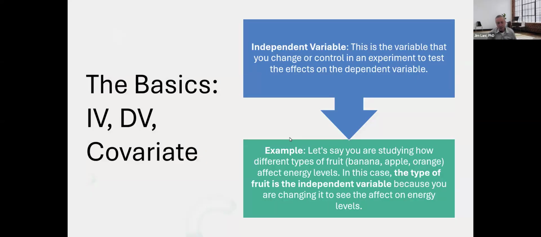The other quick thing that you need to know is really what an independent and dependent variable is. Covariate would be helpful, but for most folks, an independent and dependent variable would be sufficient. Essentially, the dependent variable is what depends upon the participant or the observation. So I'm looking at how fast folks can run a 5K. The outcome variable, the dependent variable, is the time, and that is dependent upon the runner.